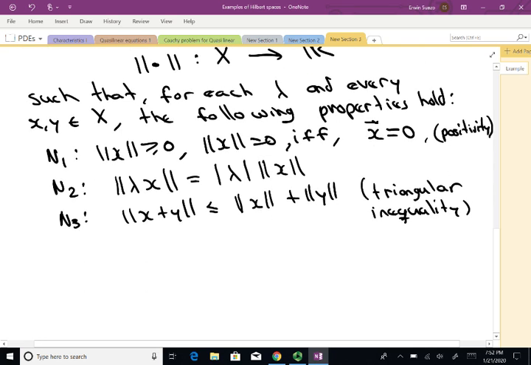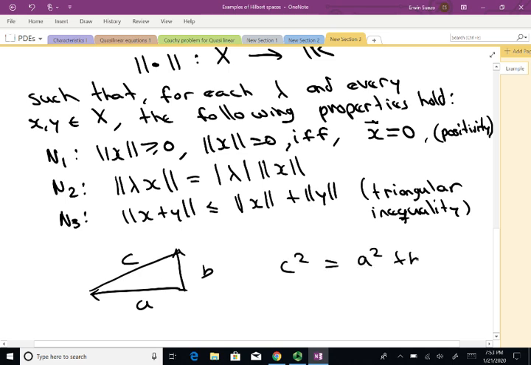So you might remember this one from the Pythagoras theorem, right? In the Pythagoras theorem you have A, you have B, and this was C, so C squared equals A squared plus B squared, right?